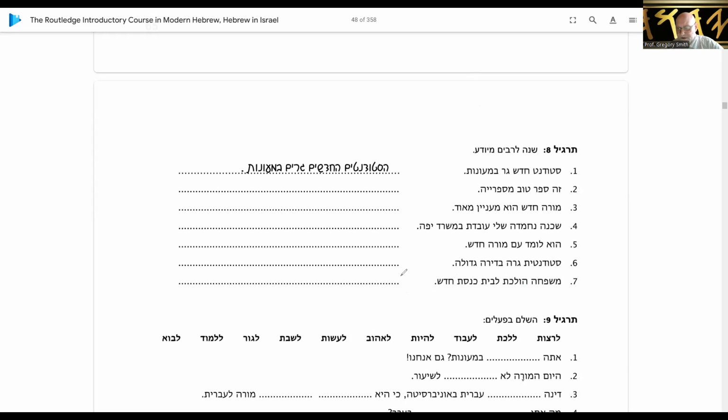Okay, so now we need to say the families go. And so how about, yeah, it's going to be hamishpakot. Hamishpakot holeket lebaitim. I don't think it's going to be lebaitim. It's going to be hamishpakot holeket. Okay, so the families go to.